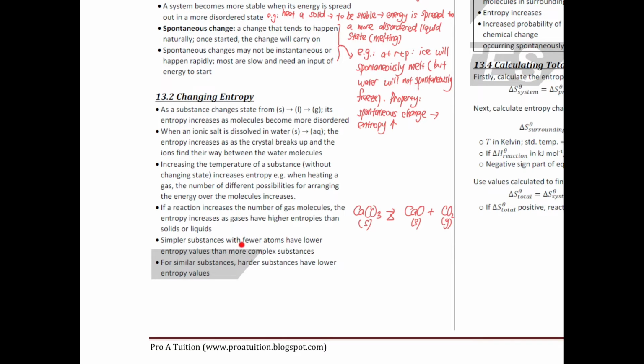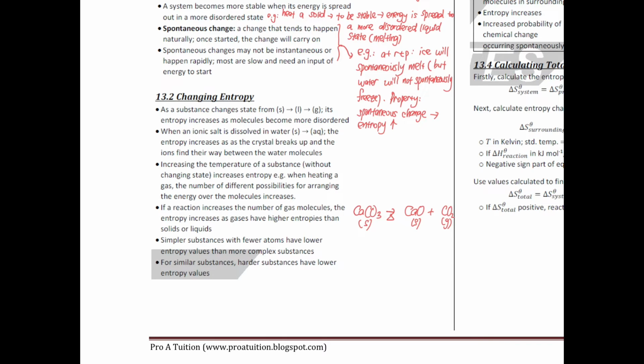Simpler substances with fewer atoms have lower entropy values than more complex substances. So in terms of disorderliness, you try to imagine. For complex substances, their atoms are arranged in all kinds of ways. Maybe some are tetrahedral, some are trigonal planar, some are octahedral shape, or bipyramid.